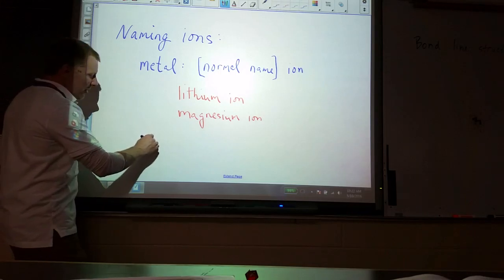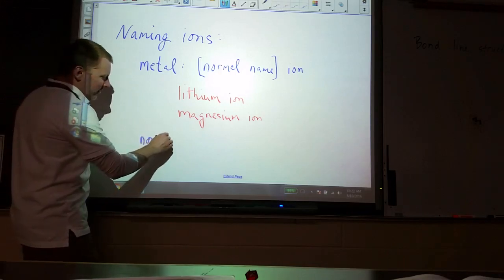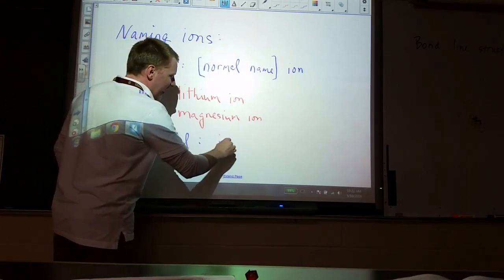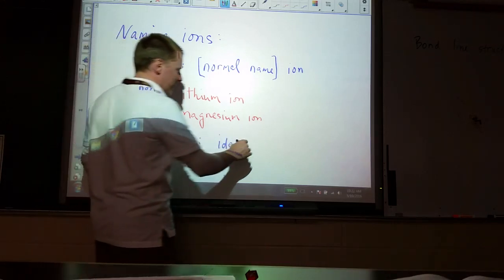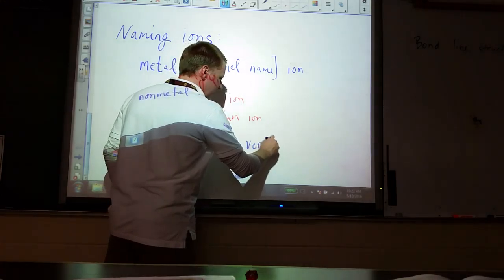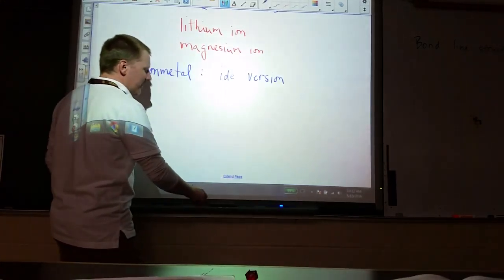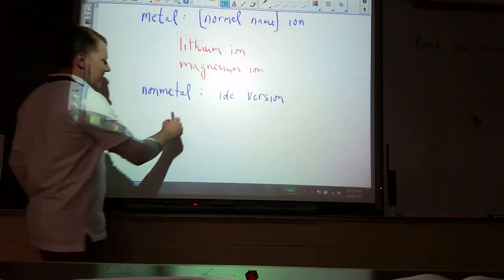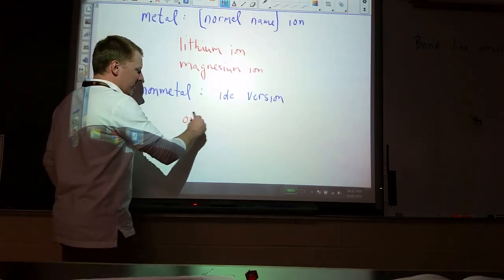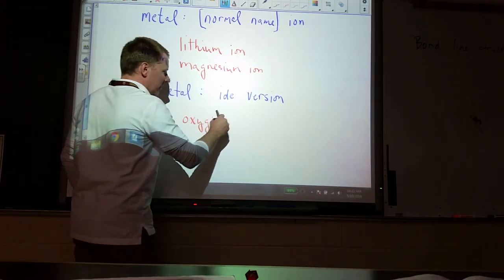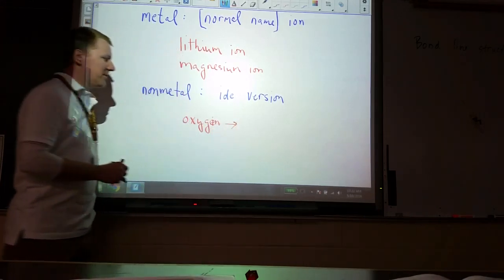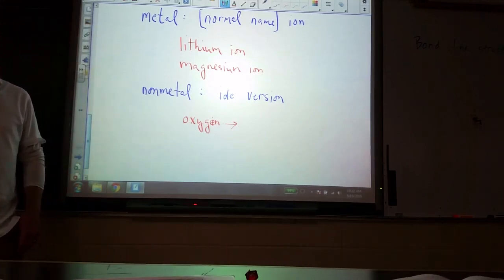Non-metals are slightly more complicated, but you're familiar with the method already. They have their IDE version. And you know the rules for the IDE version already from our covalent bonding. So we had oxygen. What does oxygen become with that IDE ending?